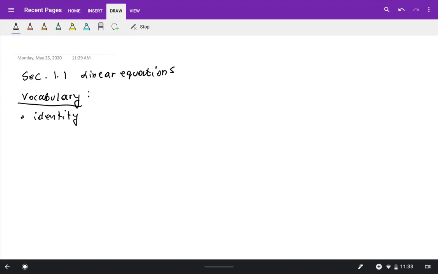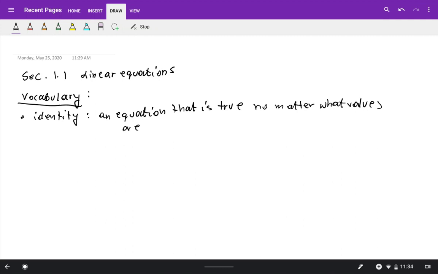Identity is an equation that is true. It's always true, no matter what values are chosen.